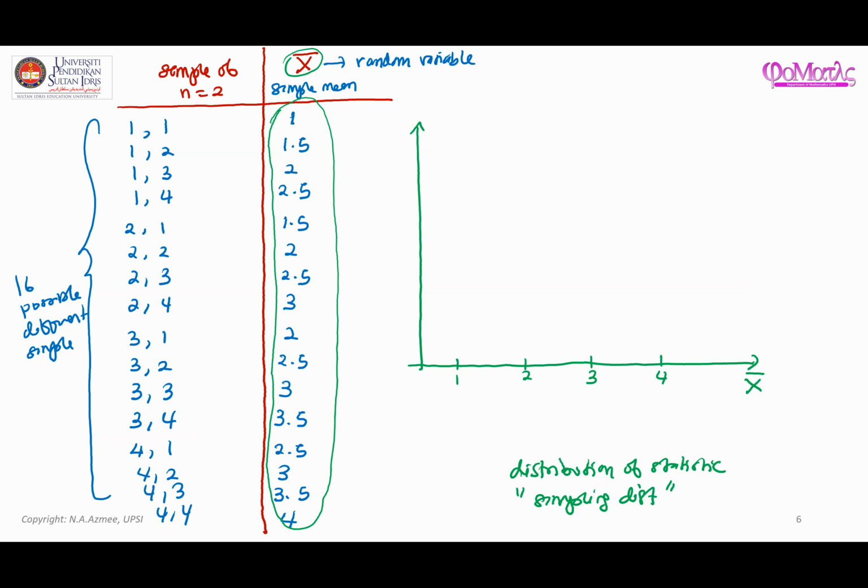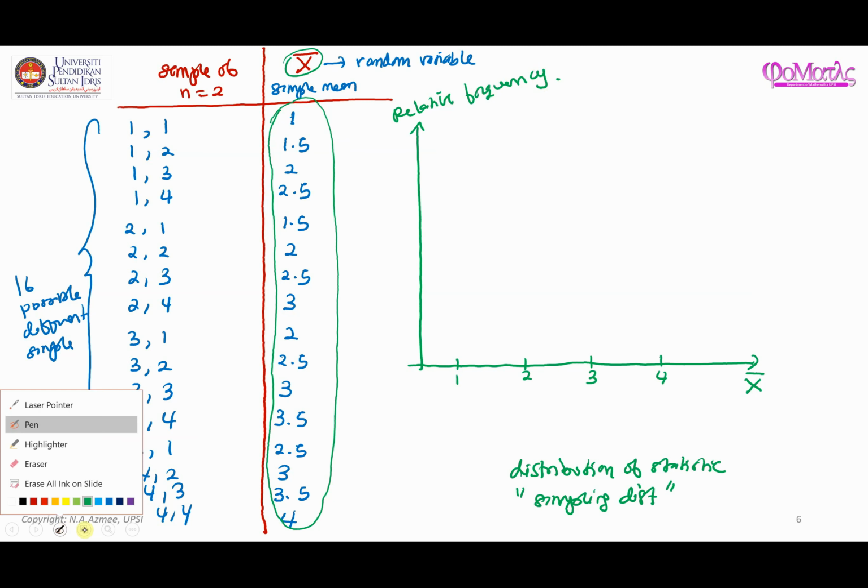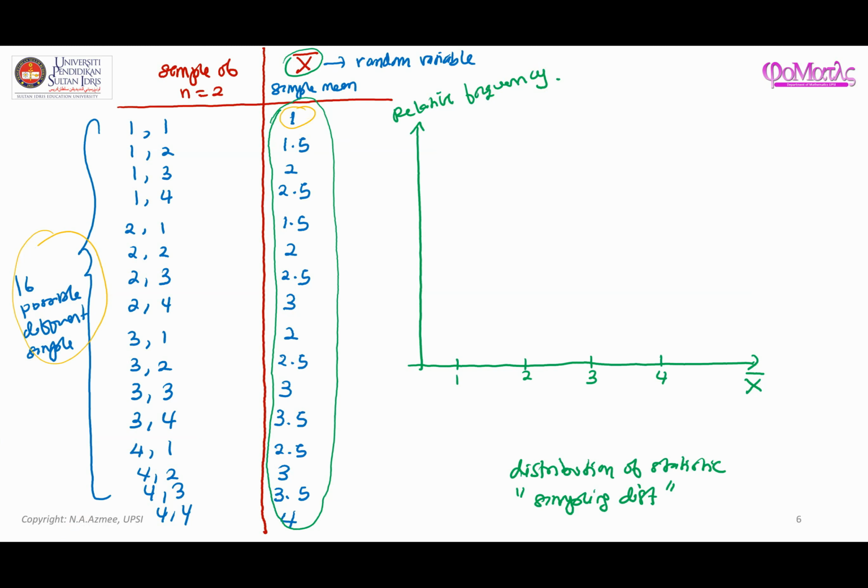And here is going to be the relative frequency, or the probability, of getting all those values. For 1, it happens only one time out of 16 possible different samples. So here it's going to be 1 over 16.